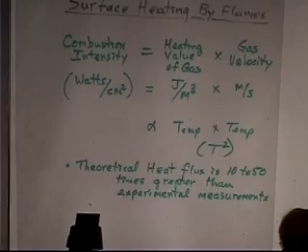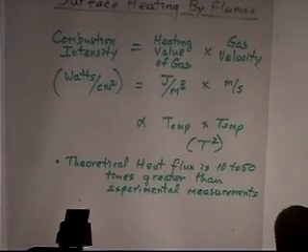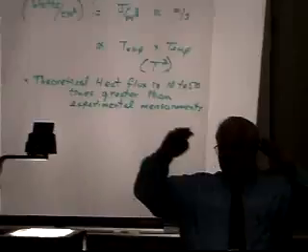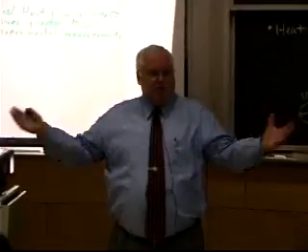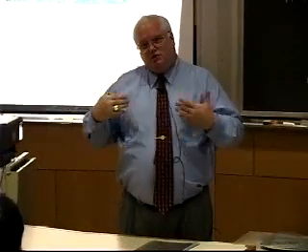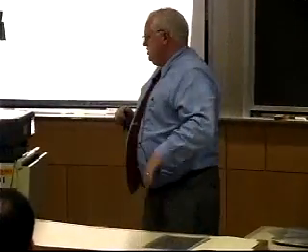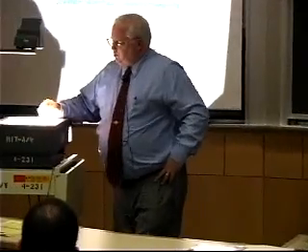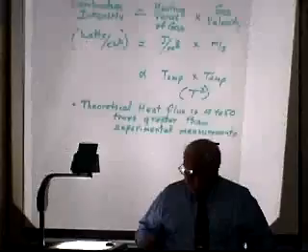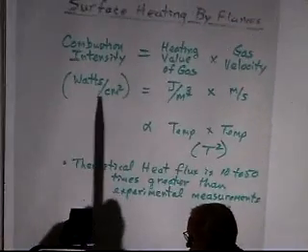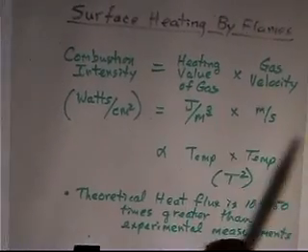And their combustion intensity is in watts per cubic centimeter, because they want to talk about the burning within the volume of the boiler. We're interested in surface heating, so we're interested in combustion intensity in watts per square centimeter, which is the same units as what I just showed you at 10 to the third, 10 to the sixth. That's good for welding.